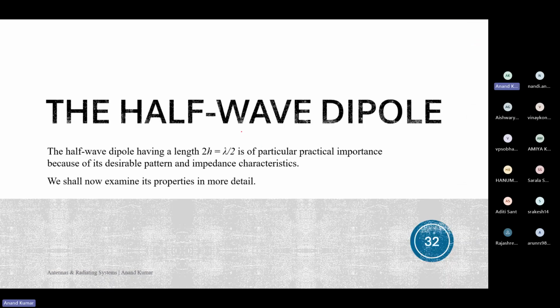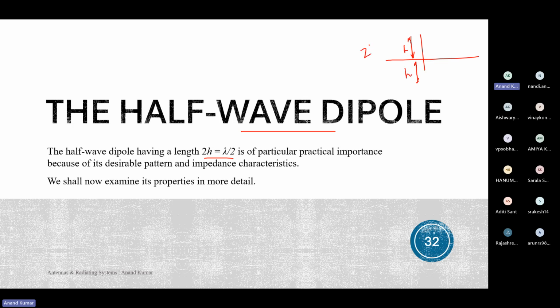We're starting with half-wave dipole antennas. Its length is given as 2h equals lambda by 2. If you remember in the figure, this was h above the zero axis and h below the zero axis.